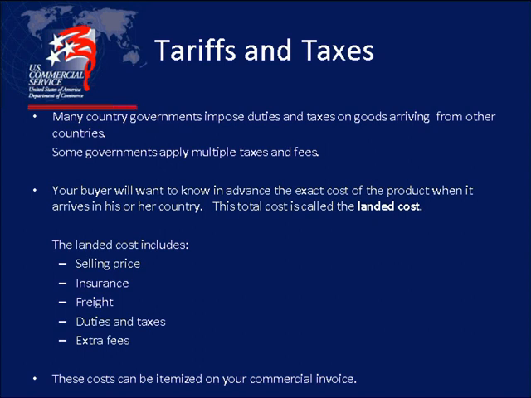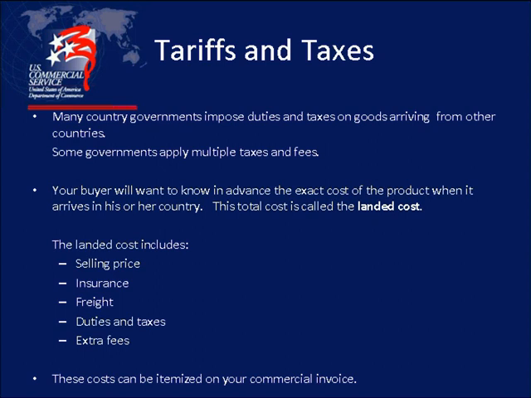But in some countries, such as India and Brazil, there are a number of different fees that must be calculated so that the buyer knows what they're getting on the other end when the goods arrive. They'll want to know in advance what the cost of these goods is. They want to have a sense of what the total cost is going to be so there are no surprises.